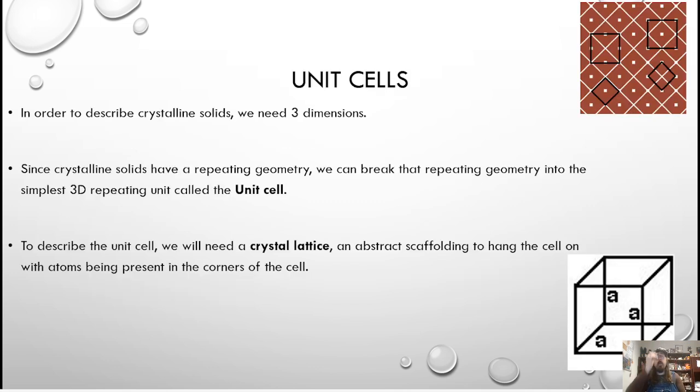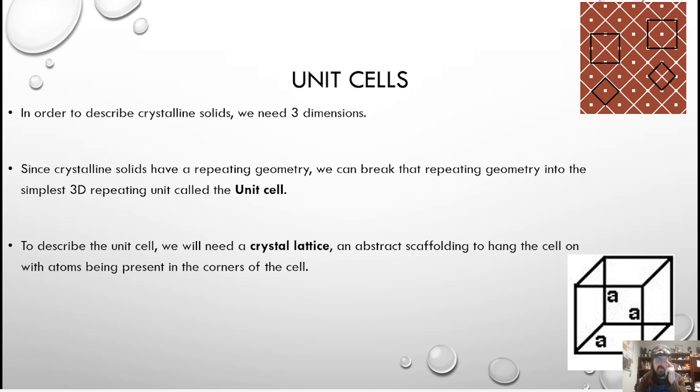But one thing we need to know is how to describe a unit cell in order to describe these crystalline solids. A unit cell is the simplest 3D repeating unit of a solid geometry. We're going to draw an imaginary crystal lattice.